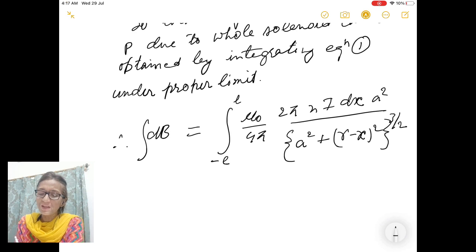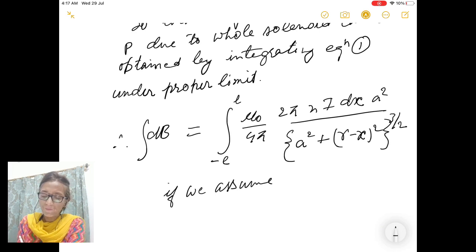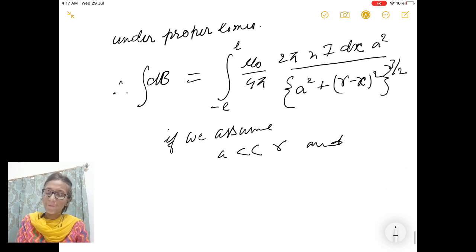We will assume that this radius and this distance x is very small compared to distance r. Then the equation is simplified.